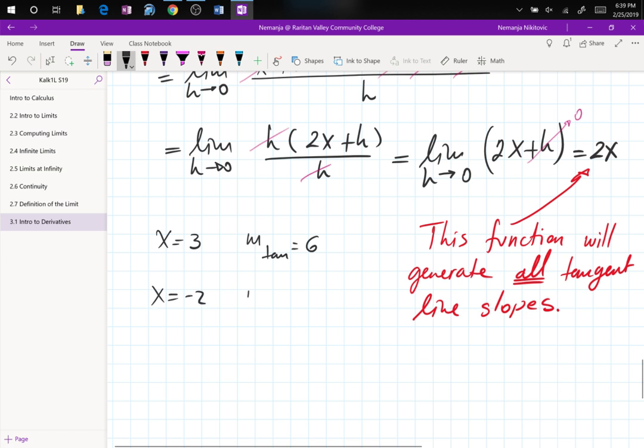X equals -2 from before. M tangent, -4. I was talking something about 10. What's the tangent? 20. Double it, right? Yay.